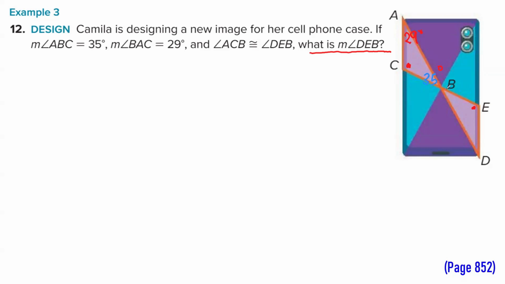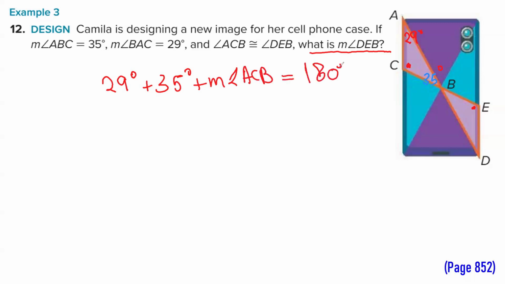That theorem says that the sum of the measures of the angles in any triangle is 180. So I know that 29 degrees plus 35 degrees plus the measure of the angle ACB is going to be 180.